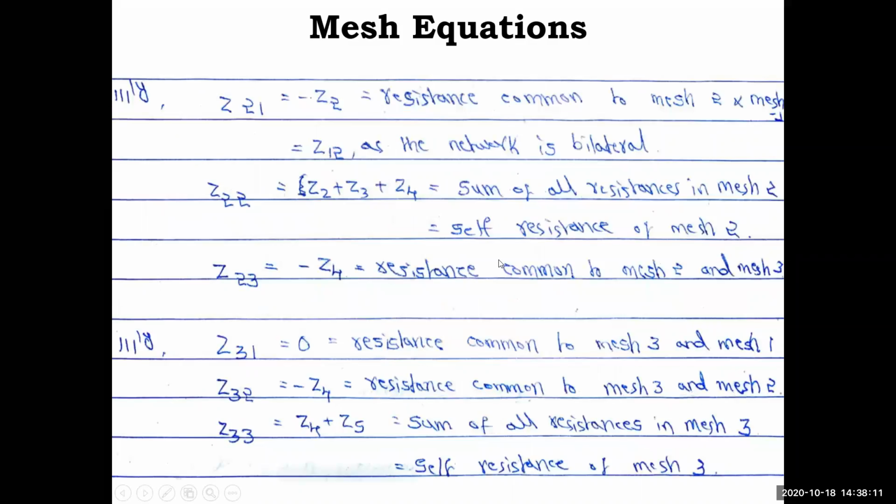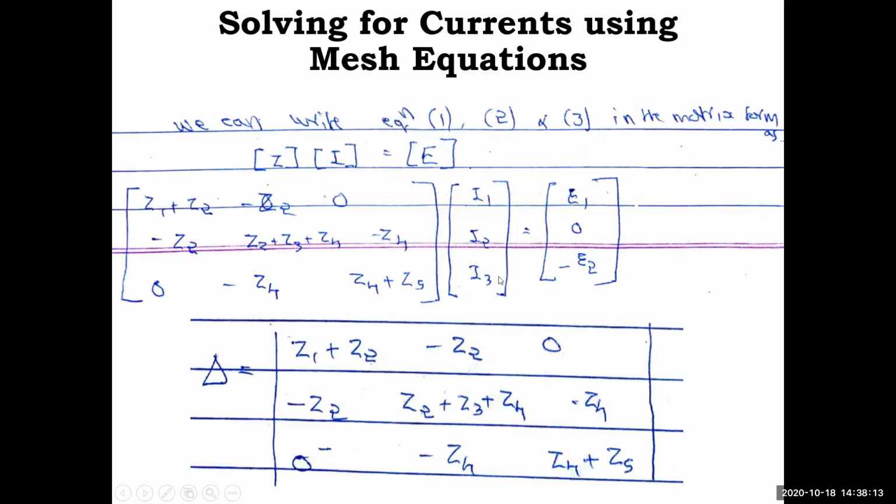In mathematics you may have learned that. So I will try to highlight that here. The same equations we got, we will write in a matrix form. These equations are nothing but the coefficients of I1, I2, I3 with respect to the first mesh equation. This is the I1 coefficient, I2, and for I3 nothing was there, 0.